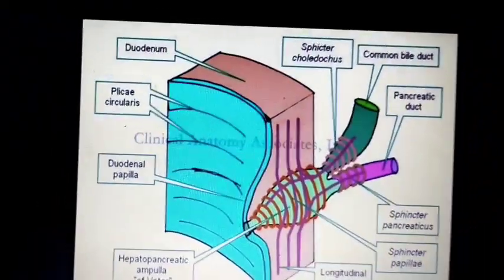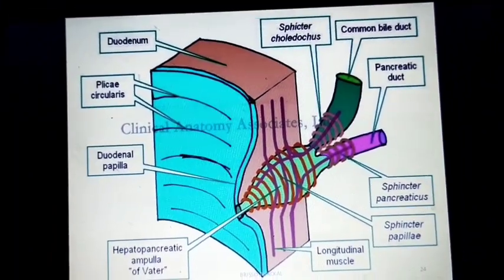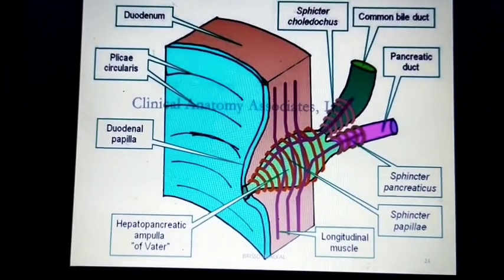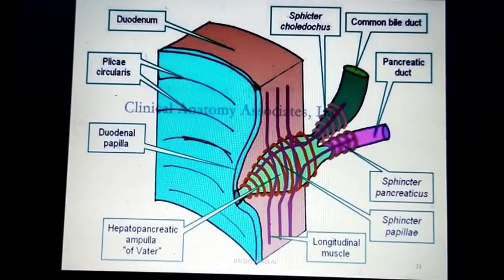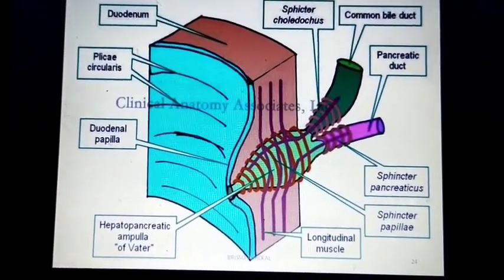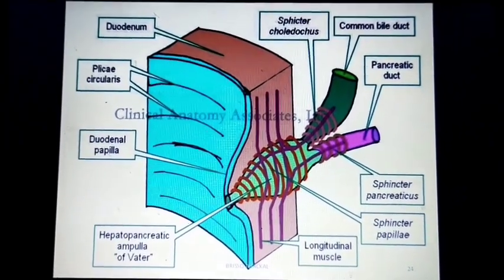This is about the biliary tree. Applied anatomy: cholecystitis, obstructive jaundice, in which one of the major causes is gallstones. Pancreaticocholangiography.